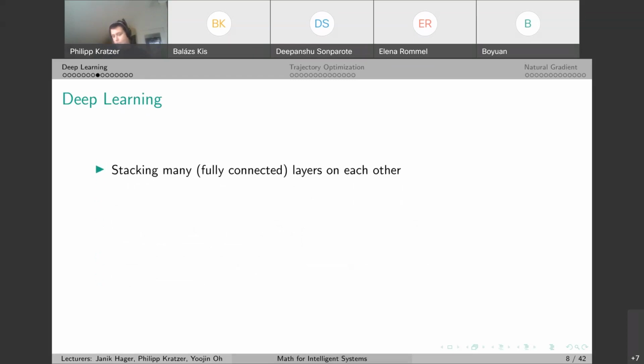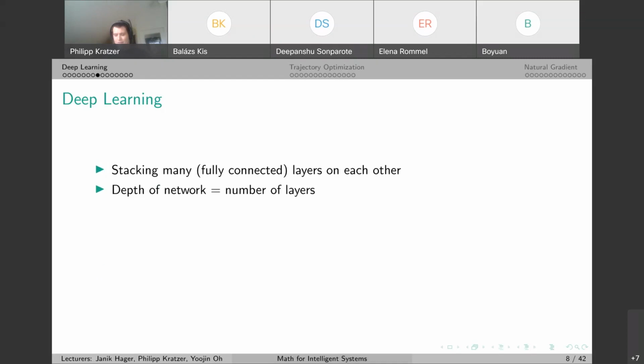So that was typical or standard neural networks with only fully connected layers. As I already mentioned, for deep learning, you would stack multiple fully connected layers on each other. The depth of the network is then the number of layers.